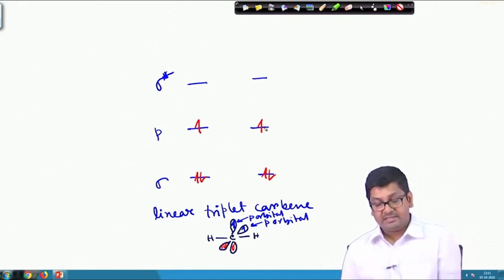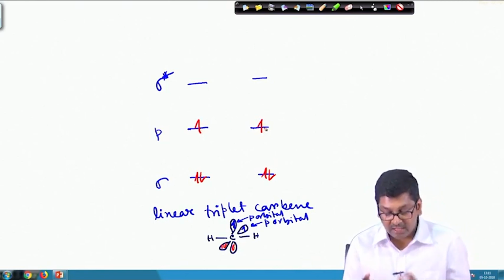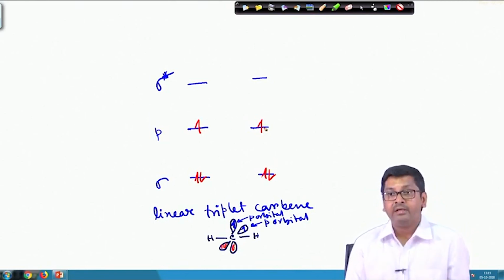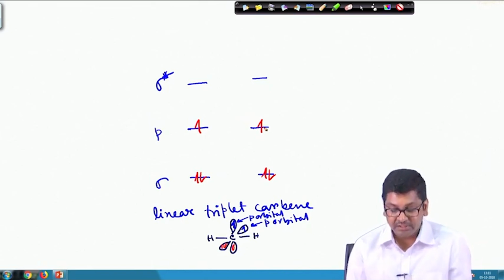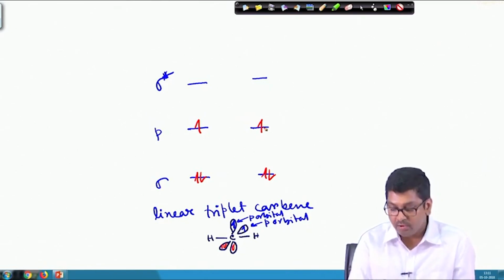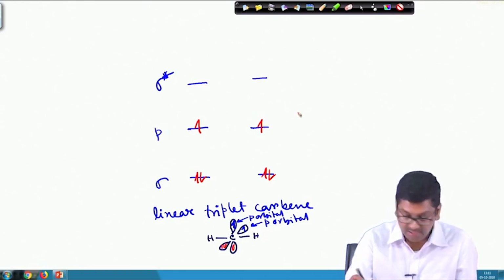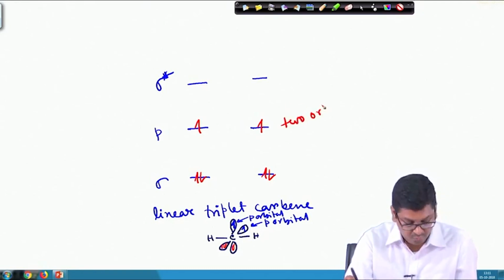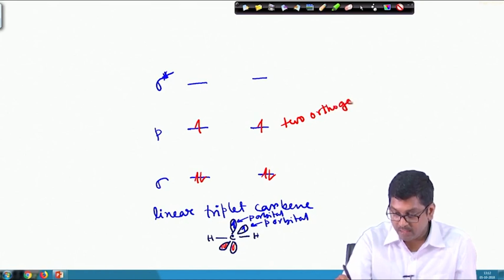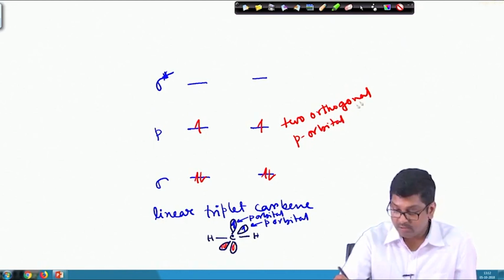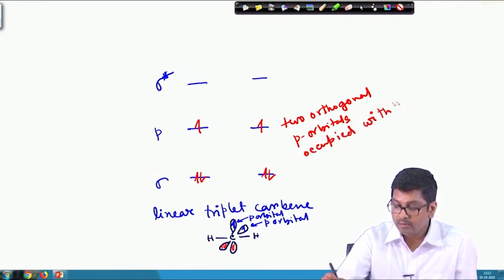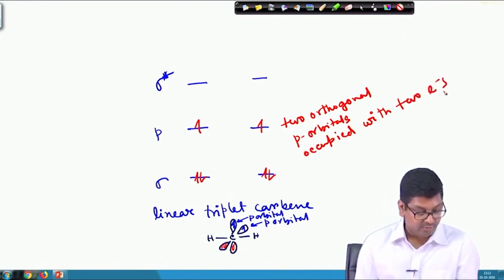They will stay like this, because these 2 p orbitals are the same in energy, and as they are the same in energy, the 2 electrons will occupy both of these 2 orthogonal p orbitals.